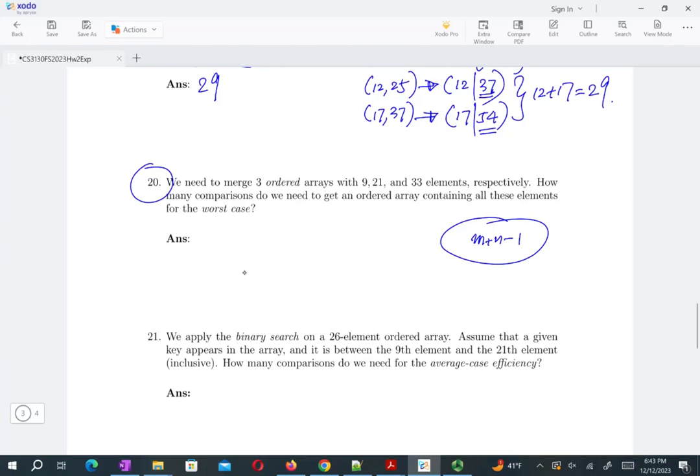Here I just talk about the results. The first case, they merge in a certain order and get 91 comparisons. The second case, after they merge in a certain way, they get 103 comparisons.